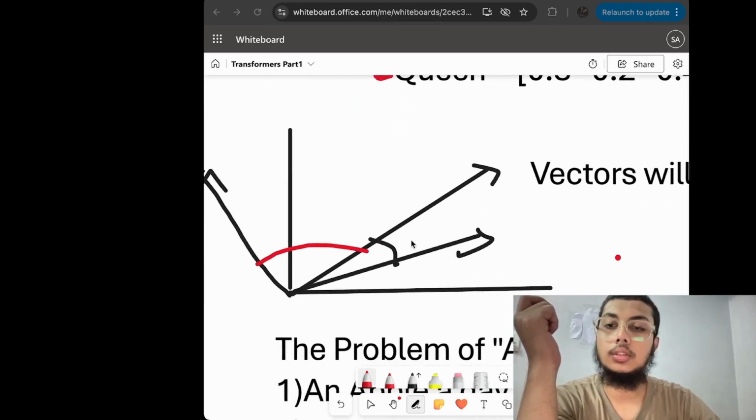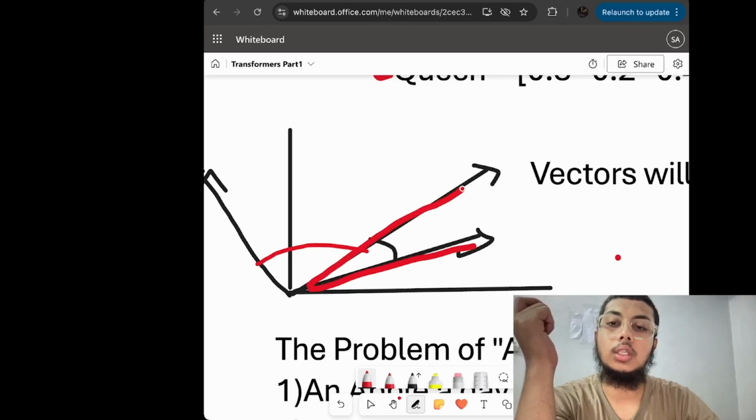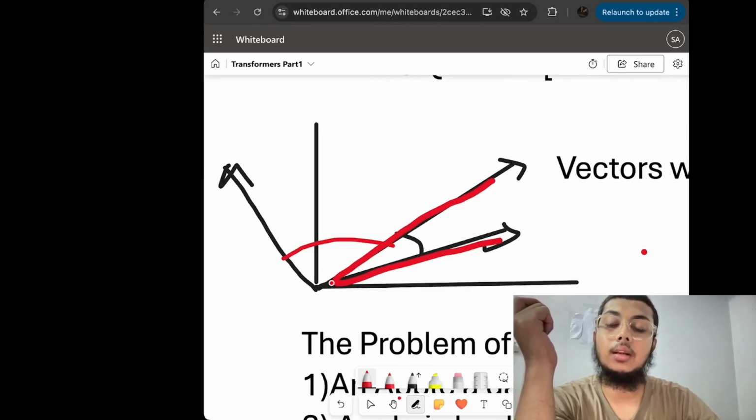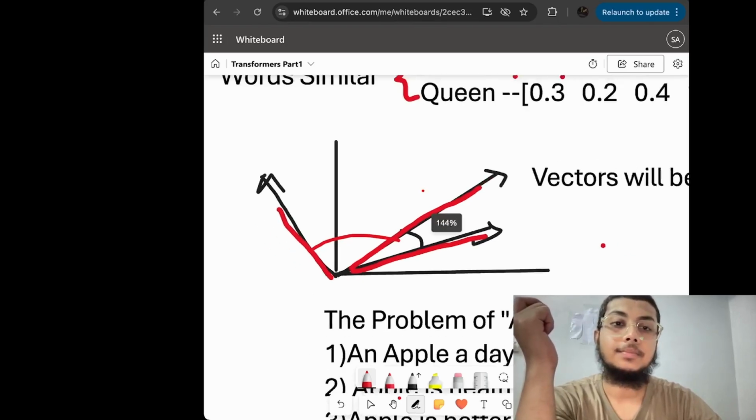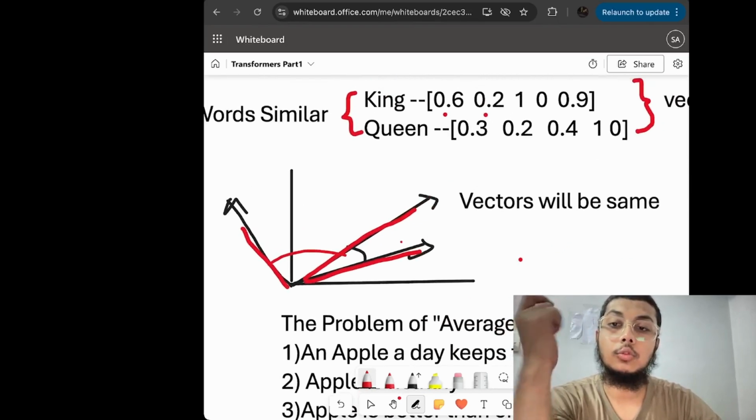Like you can see here, this dimension will go like this for king, and similarly it comes across closely for queen, but for cricketer it will go in the opposite direction. So that's the beauty of embedding.